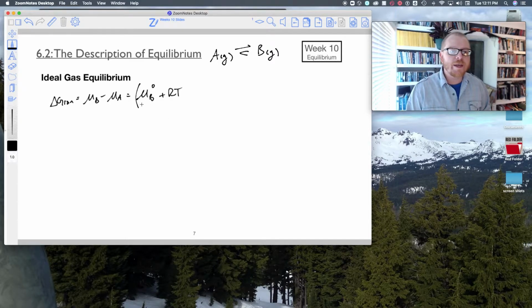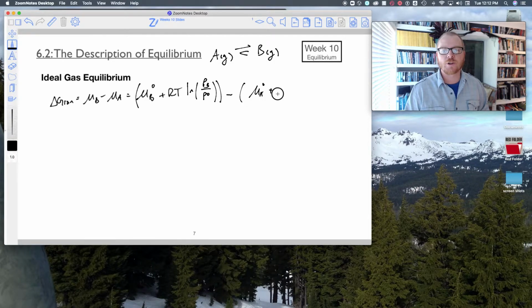So mu B standard, so the standard value plus RT times the natural log of the vapor pressure of B, or the partial pressure, I should say, divided by standard pressure. Okay, so this is how we make our adjustments when we're in non-standard conditions, all right? And of course, now this is minus A, so the standard chemical potential of A plus RT times natural log of the partial pressure of A over standard pressure.